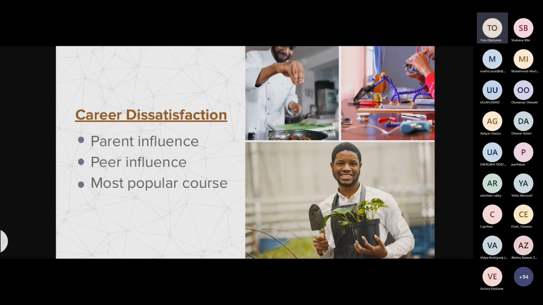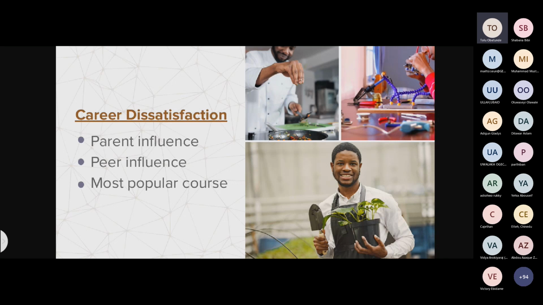If you're a student, or even if you're already out of school, the kind of career you're doing may be based on what your parents, your dad or your mommy, said and all of that. This may be good, but it's not always good enough, as sometimes the decision of the child is not taken into consideration at all times.